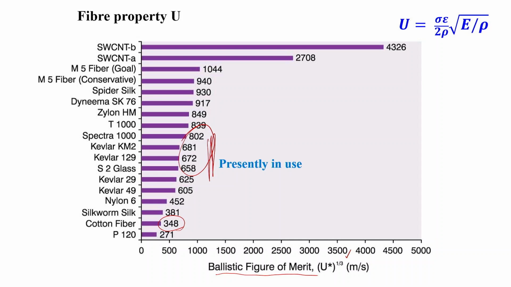But in the futuristic, if we use say spider silk, it is around 930, or maybe carbon nanotube. So, carbon nanotube, we can have more than 4000 U value. So, these are all the future armor. For future armor, we have to go for this.